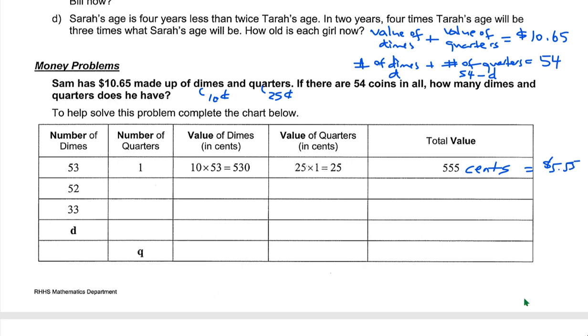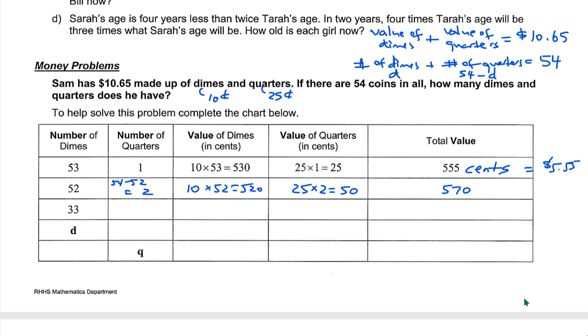Well, then the number of quarters is going to be 54 minus 52, and that's going to be 2. What's your value? You'll have 10 cents, 52 of them, and you'll have 2 quarters, and each one is 25, for a total of 570 cents. Okay, and so on. You can keep doing it.